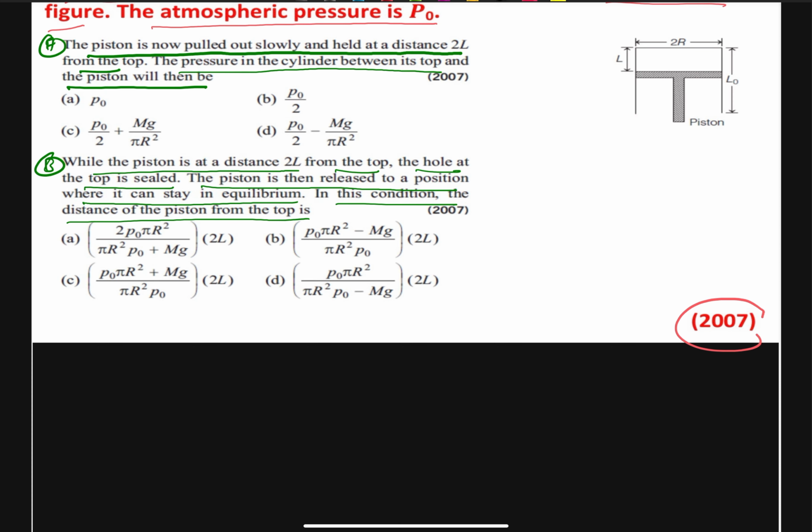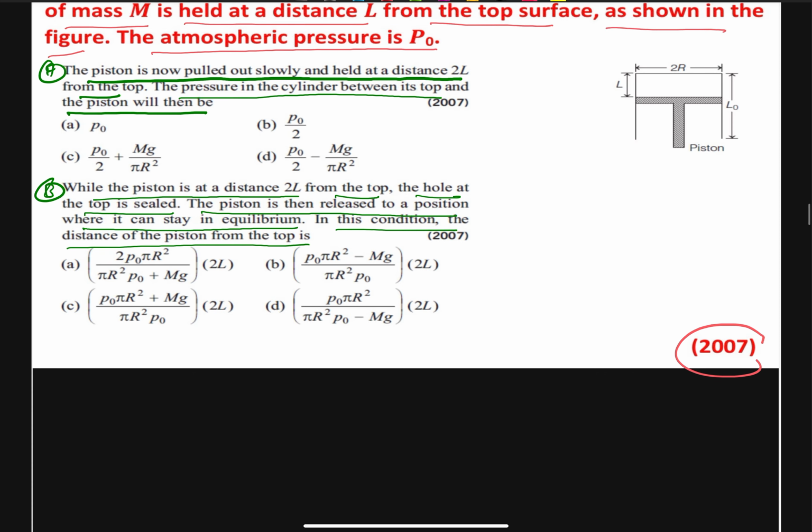So basic figure is given to us. Total length of the cylinder is L0, and initially the piston is at a distance L from the top, and the total width of this piston is given as 2R.